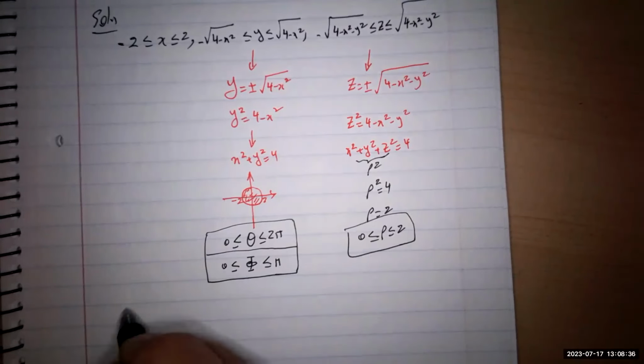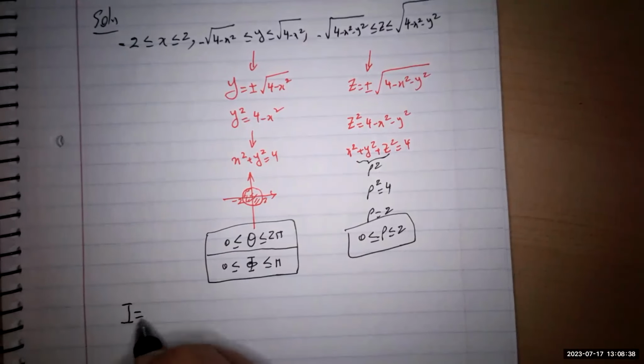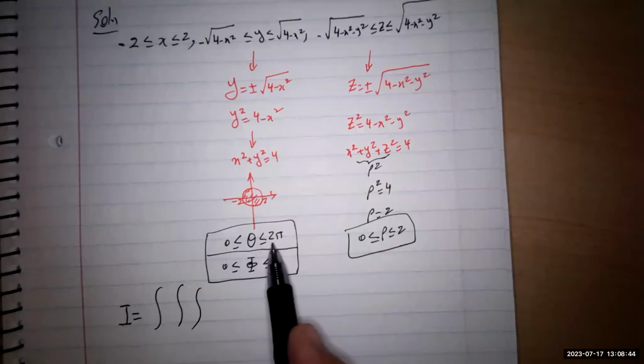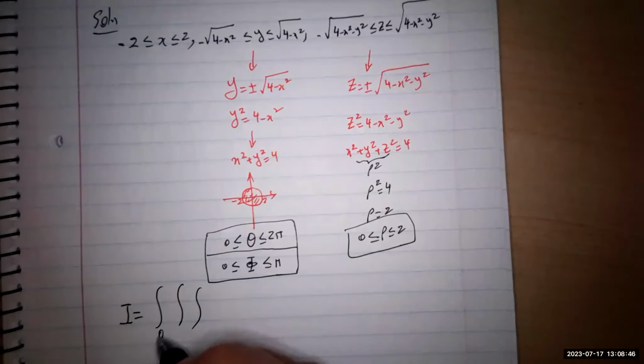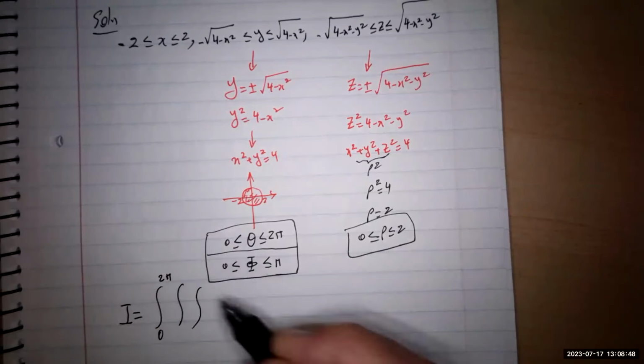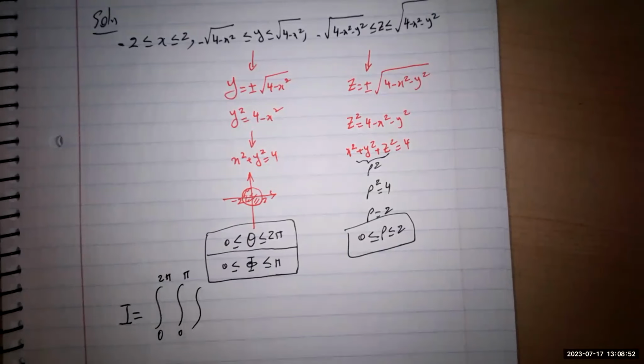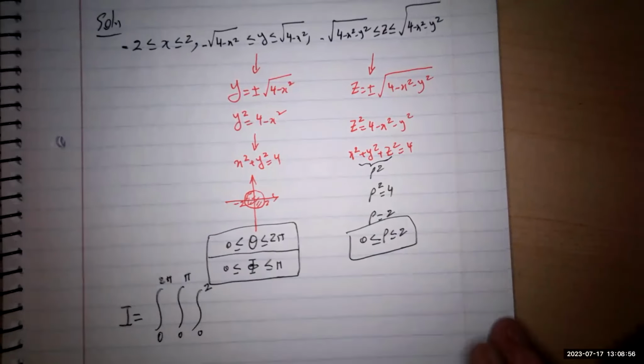That's the original integral. We do last theta from 0 to 2 pi, then phi from 0 to pi. You can switch these two anytime you like. But rho is going to be done first, 0 to 2.